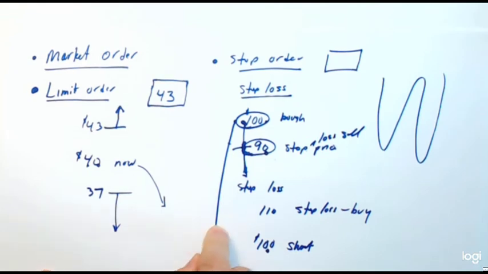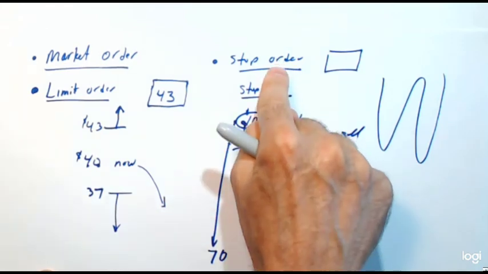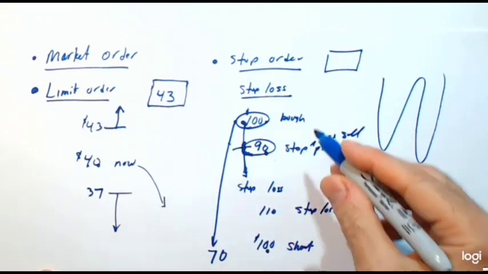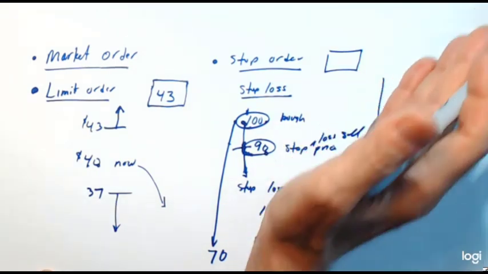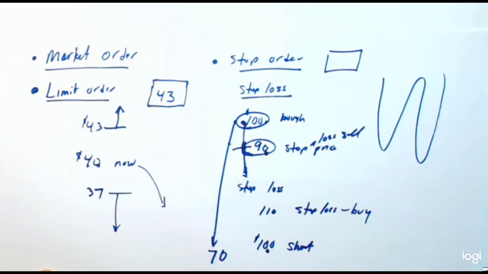And since stop orders add momentum, researchers and traders suspect that these stop orders were causing massive volatility, causing the market to go way up because it was adding buy momentum, and way down in terms of sell momentum. And so the New York Stock Exchange and the BATS exchange, which is a totally automated exchange, stopped accepting stop orders in 2015.